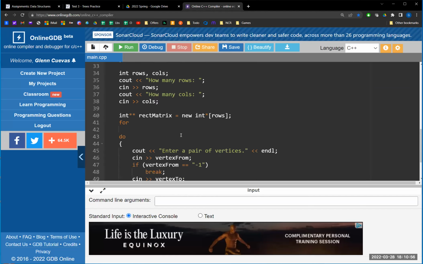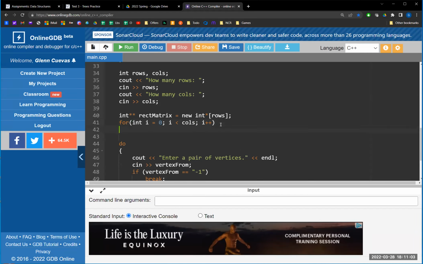Same here, so instead of size, it'd be columns. And in particular it was new int array based on the columns.